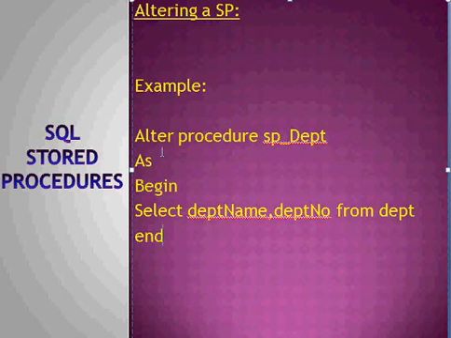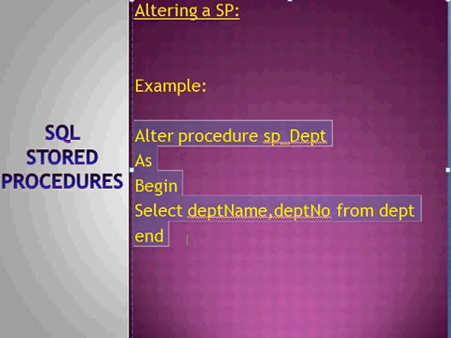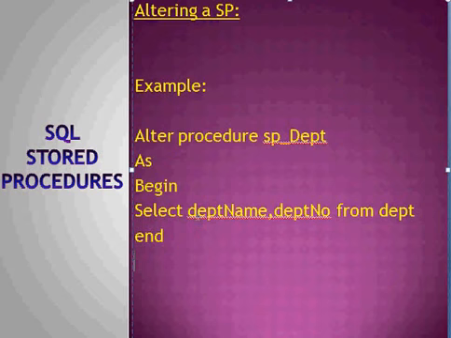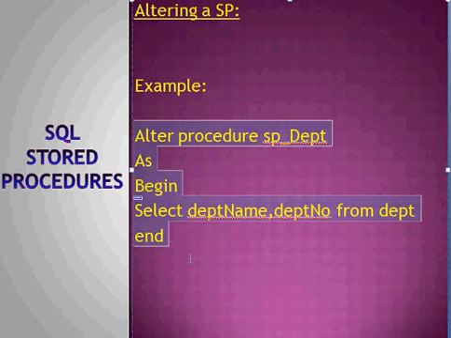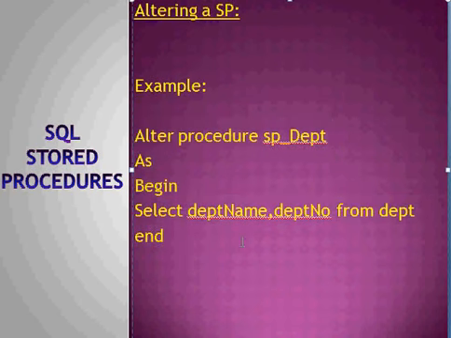So here we edited and modified the stored procedure using the alter procedure command. Whenever you execute the command, the stored procedure is executed and creates a stored procedure object.